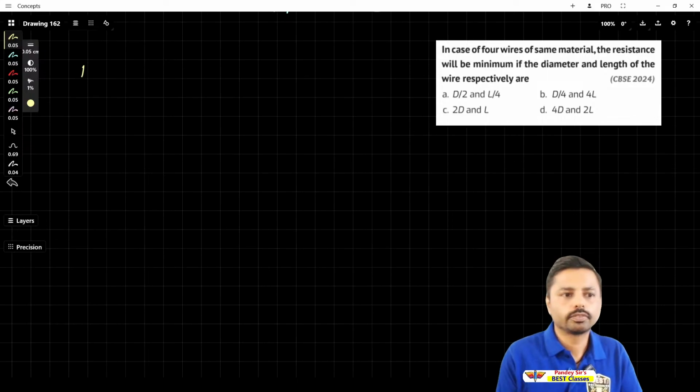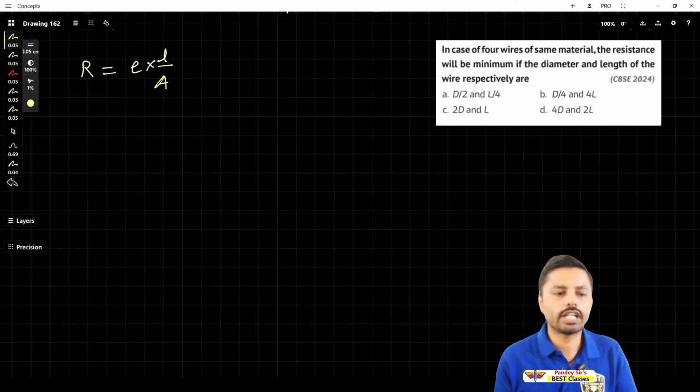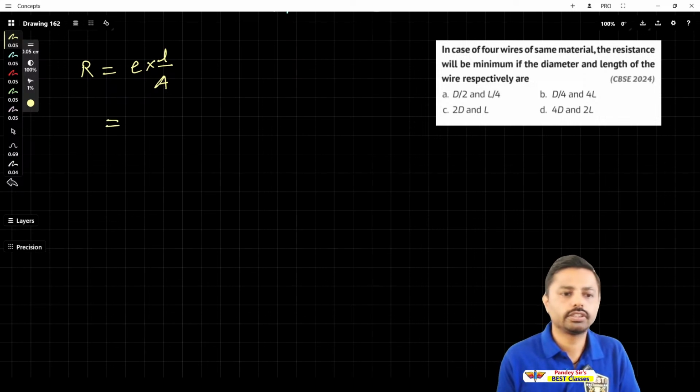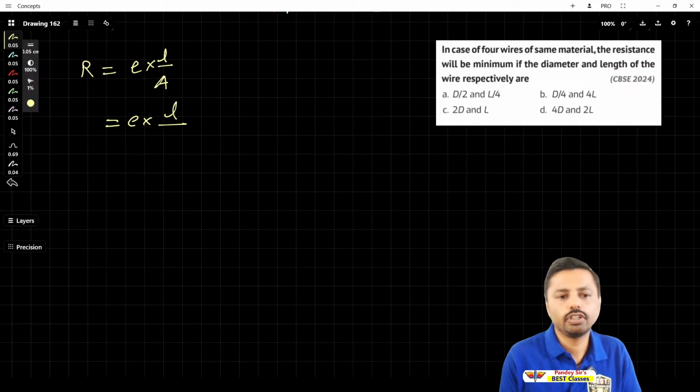So R equal to rho into L by A. Okay, and area means it depends on the diameter. So R equal to rho into L by A, where L will be just length itself, no change. Area will be pi r square.